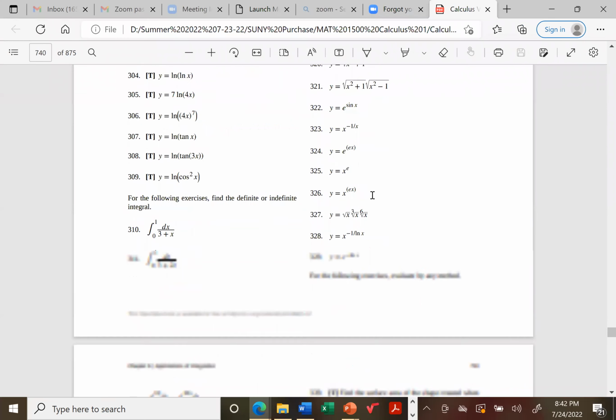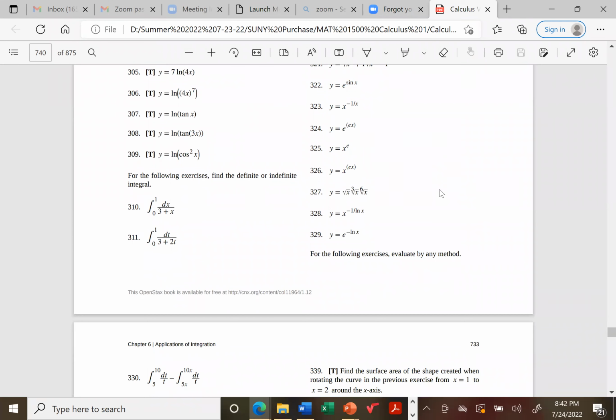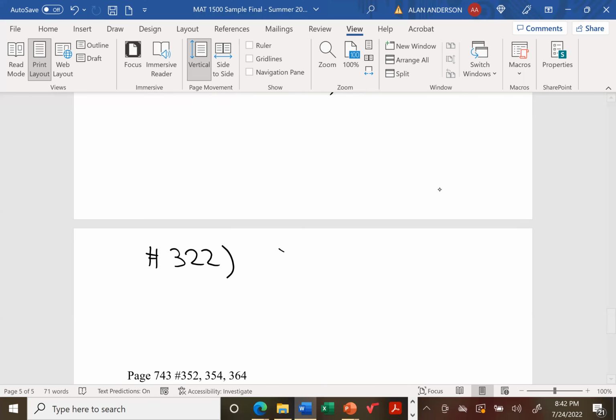So these are derivatives, okay. y equals e to the sine x. So what are we supposed to do with that one?